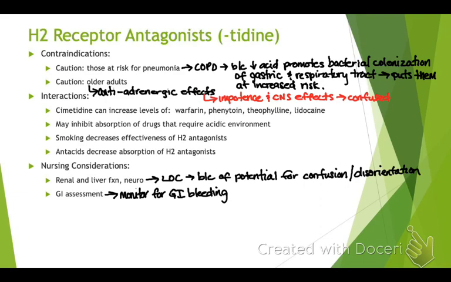Neuro: patients that already have a decreased level of consciousness, because of the potential for confusion and disorientation with these meds. And again, patients with GI issues, you want to do a GI assessment, monitoring for GI bleeding, and making sure that your patients are not having symptoms.